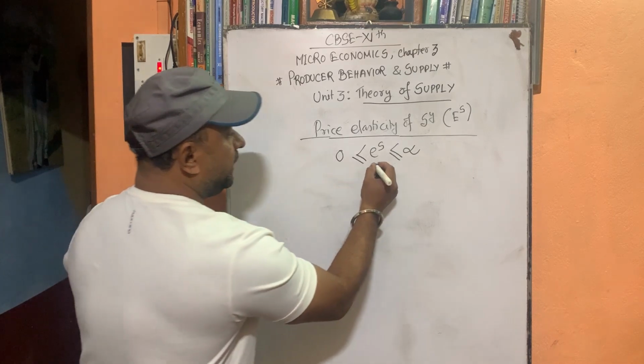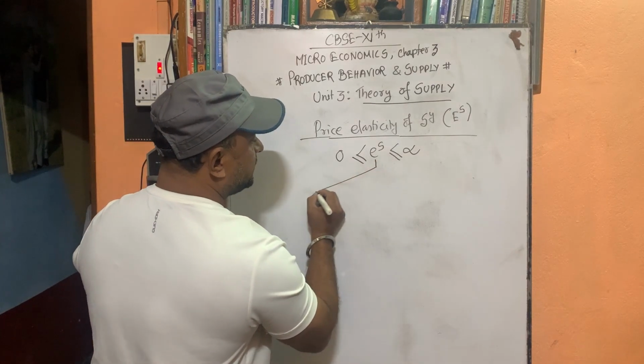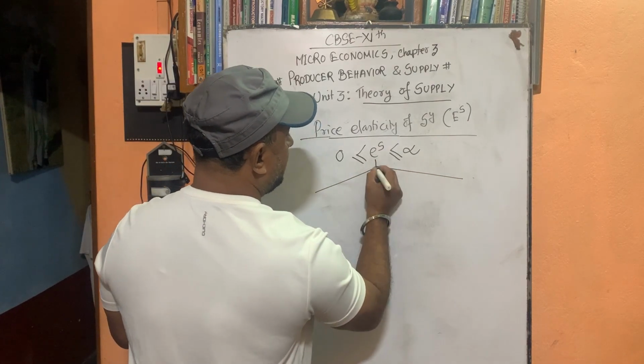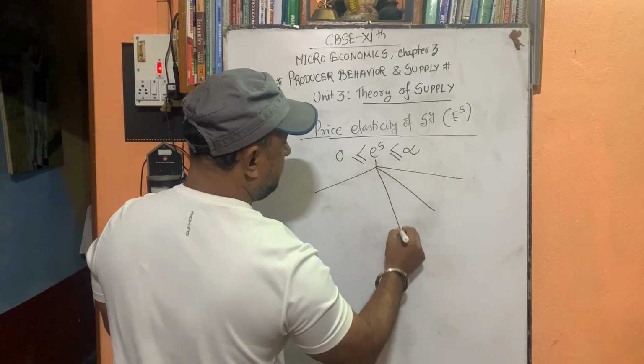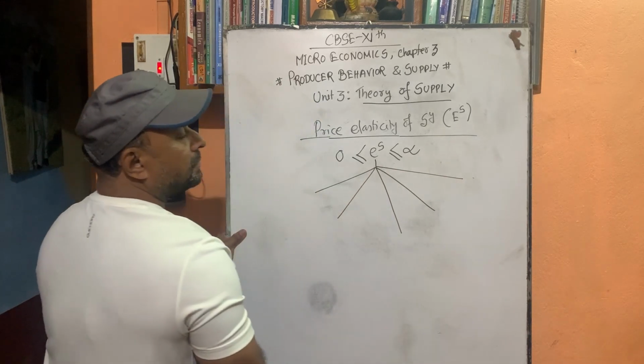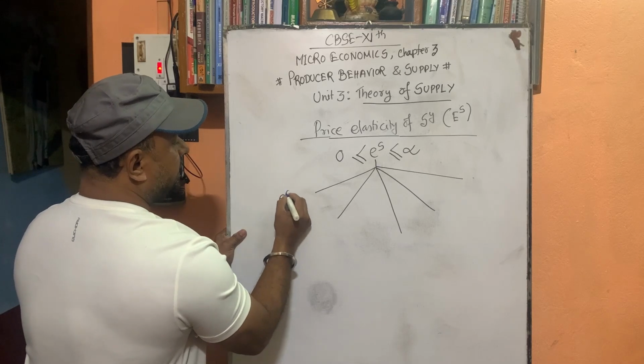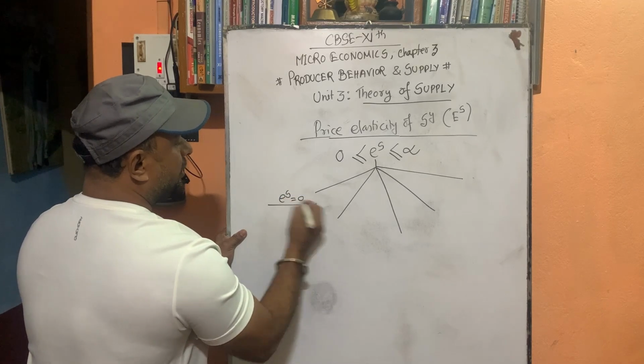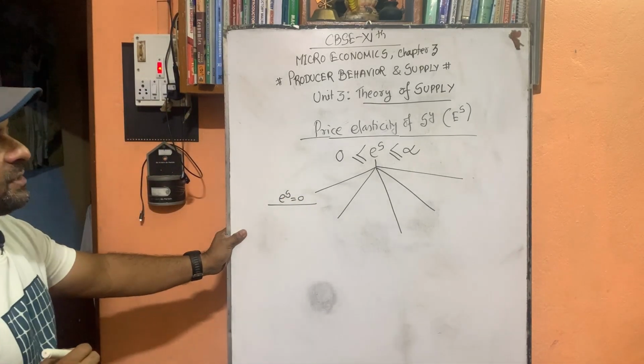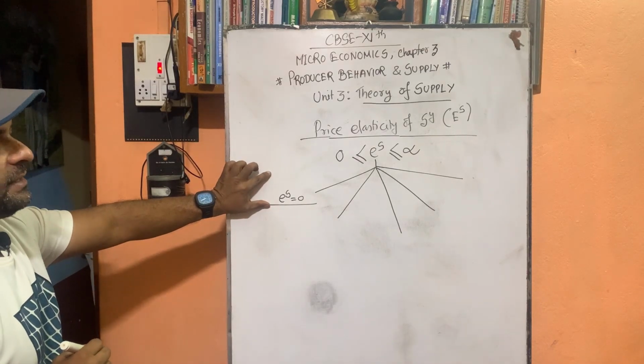In between there are five degrees of elasticity of supply. The first one is elasticity of supply equal to 0. Elasticity of supply 0 means there is no reaction to the change in the price.